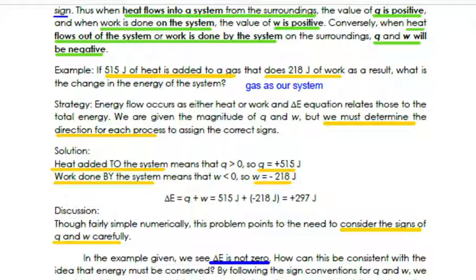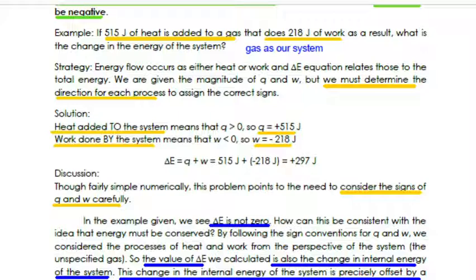Why? This change in the internal energy of the system is precisely offset by a change in the surrounding. It means that if there is a change in the system, there will be a change in the surrounding. So this is to be able to follow the law of conservation of energy.